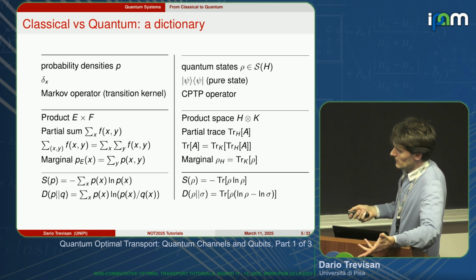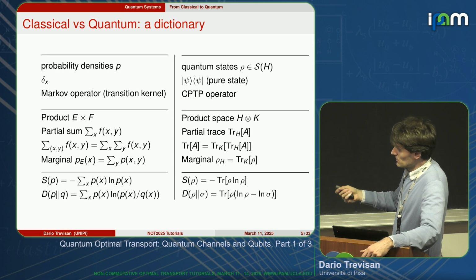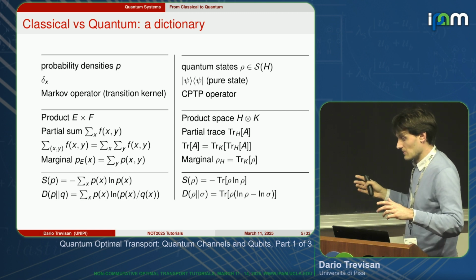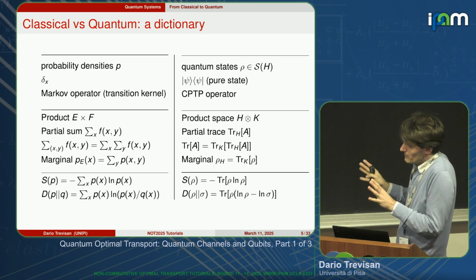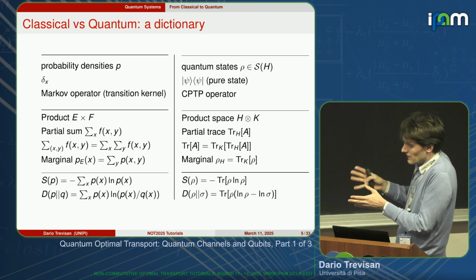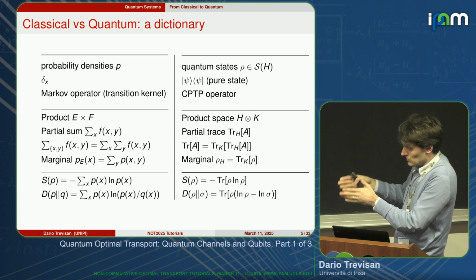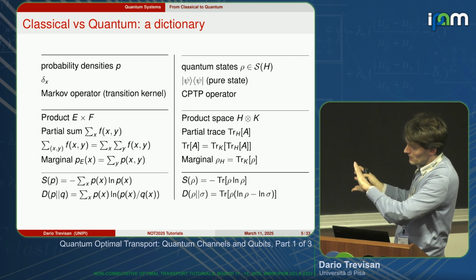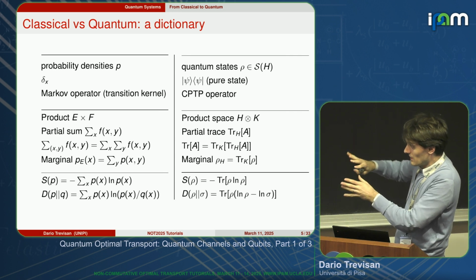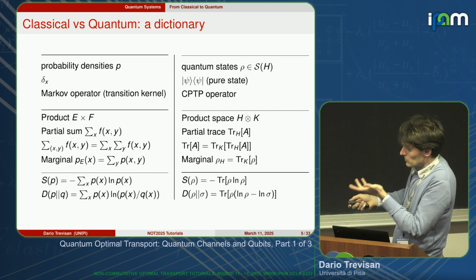Well, the first thing is that you say these P of X are just the values. So I just replace this P of X log of P of X with what? If the operator is diagonal, I just apply this on the diagonal. If it's not diagonal, I use the spectral theorem to diagonalize. And then the summation, as I told you, is a trace.